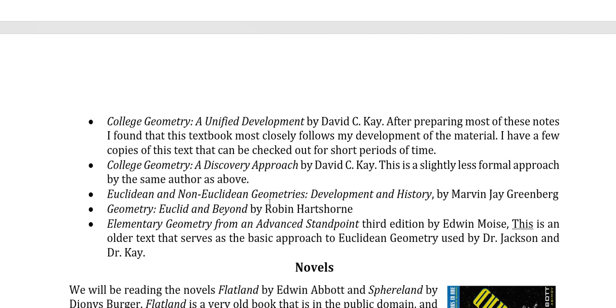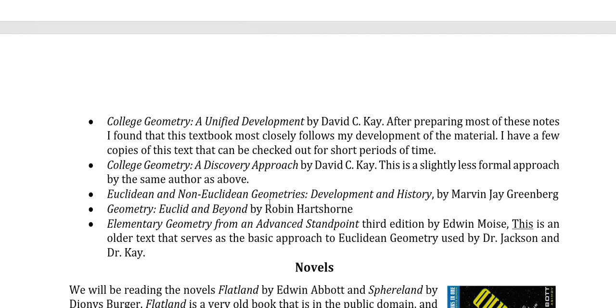He also has College Geometry: A Discovery Approach. That's a little less formal approach by the same author. It's also a good book. We've also used Euclidean and Non-Euclidean Geometries: Development and History by Martin J. Greenberg. It's particularly good on tying some of the historical stuff in with the study of Euclidean and non-Euclidean geometry.